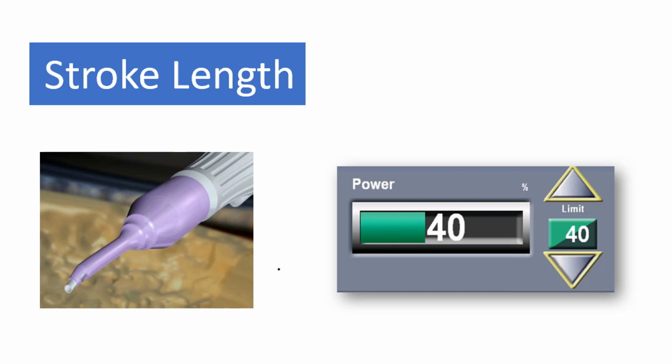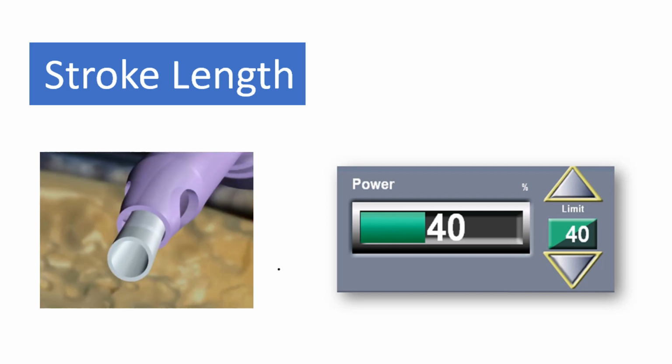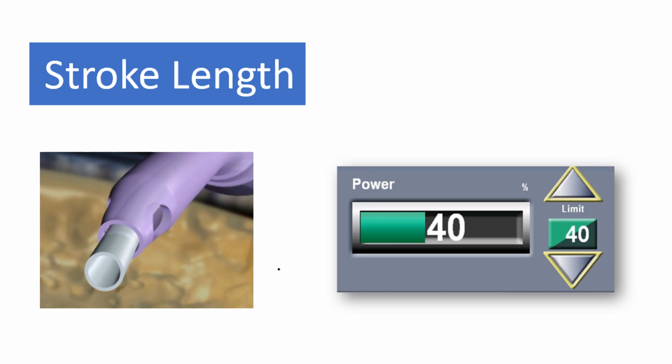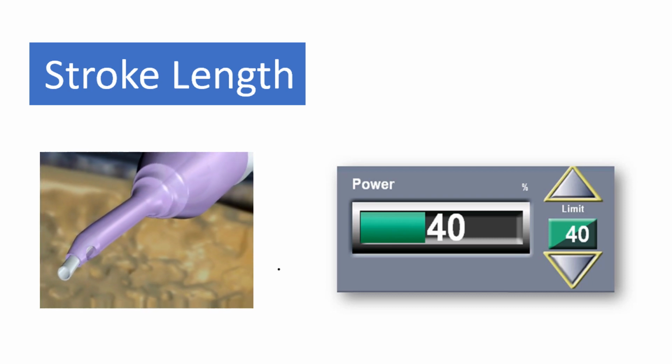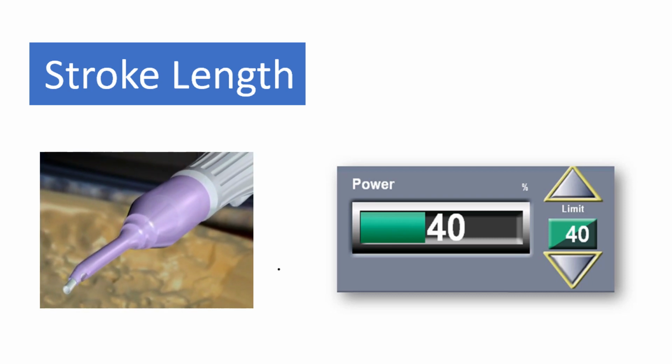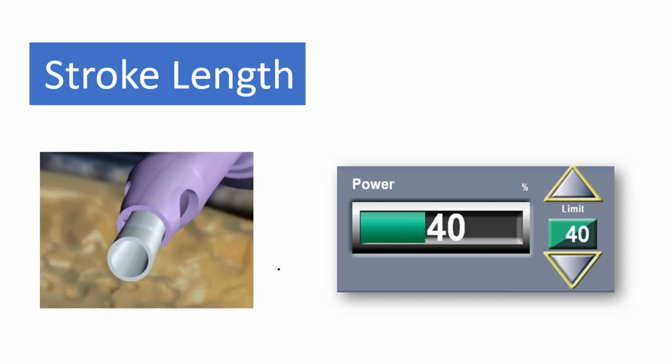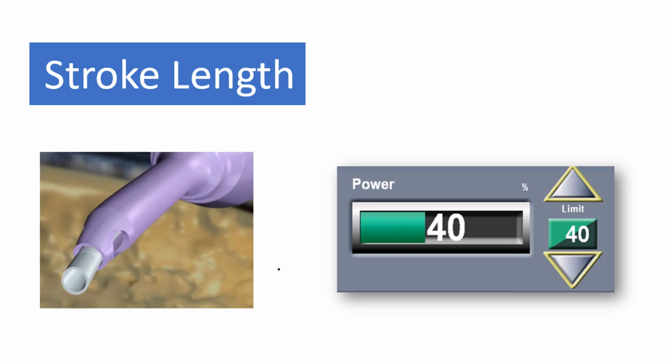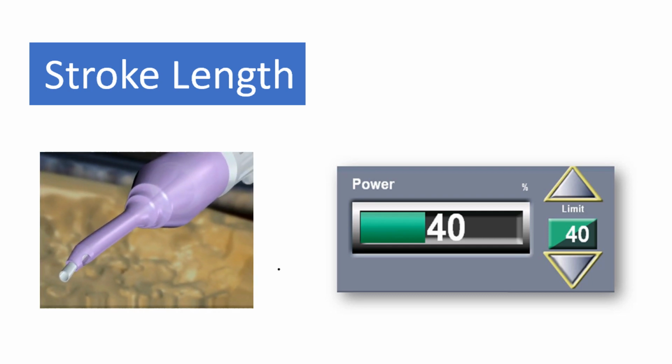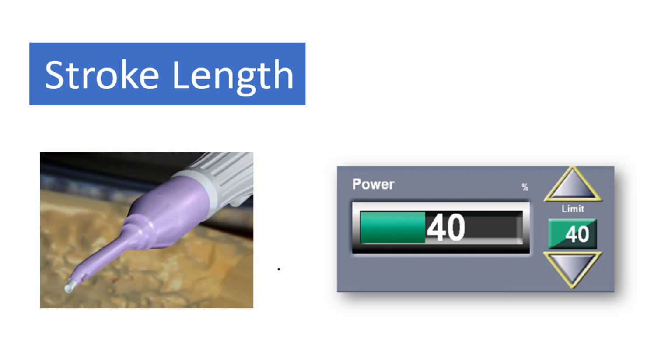I repeat, when you reach out and increase the power of that machine that you can see on the right side, what you're doing is actually increasing the stroke length. If you want to decrease the power, you're actually decreasing the stroke length, and vice versa.